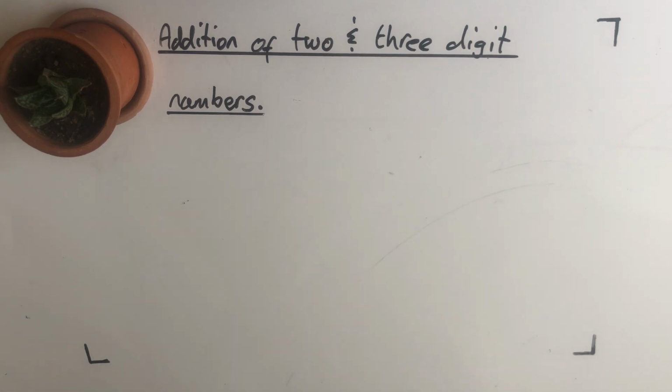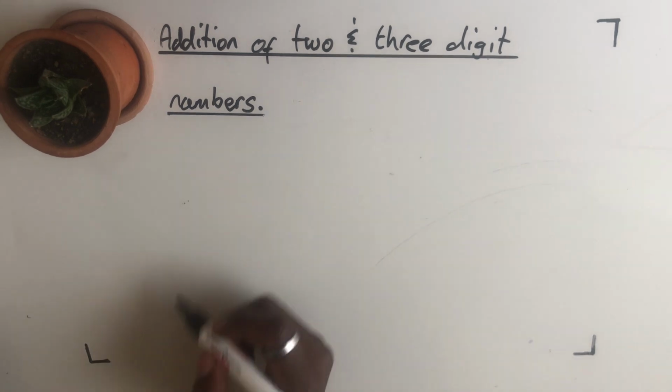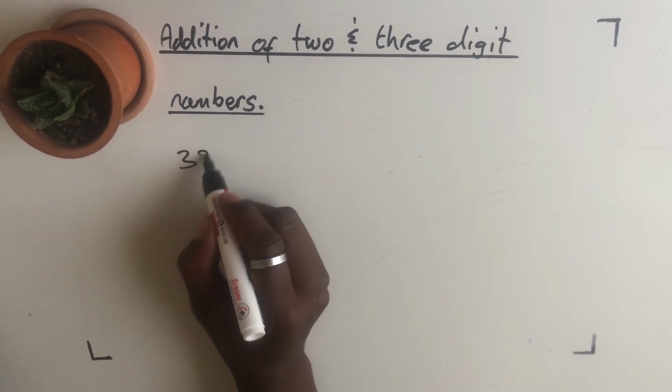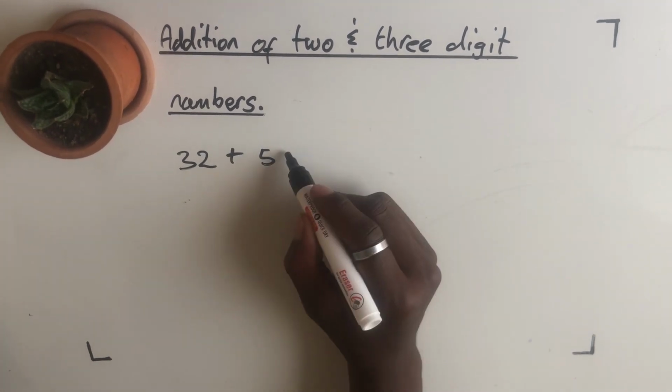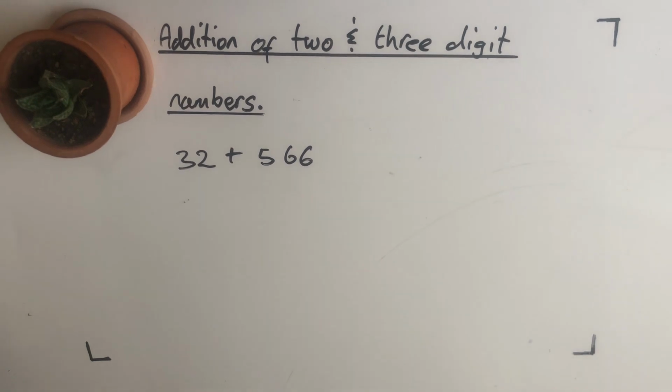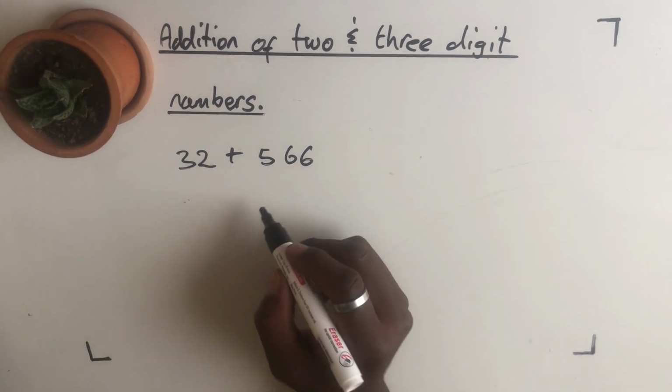Now, let's look at another example where perhaps we're adding one 2-digit number and one 3-digit number. Okay, so let's say I have 32 plus 566. Again, the first step is to write one below the other.